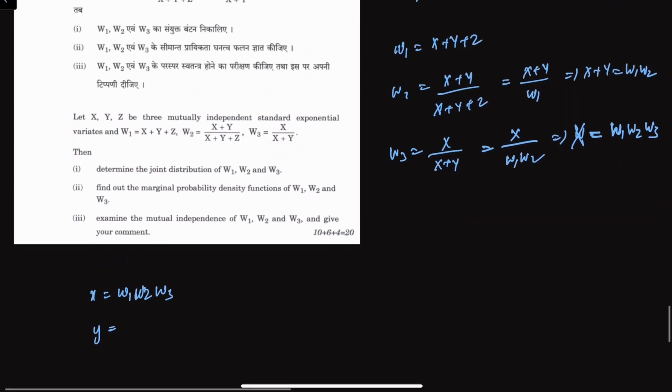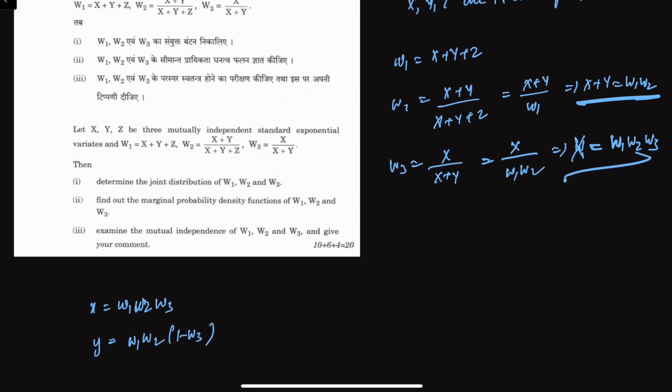In order to find the joint distribution, first we can express X, Y, Z in terms of W1, W2, W3. If we do the inverse transformation, X is nothing but W1 W2 W3. Y is X plus Y minus X, which gives us Y equals W1 W2 times (1 minus W3).